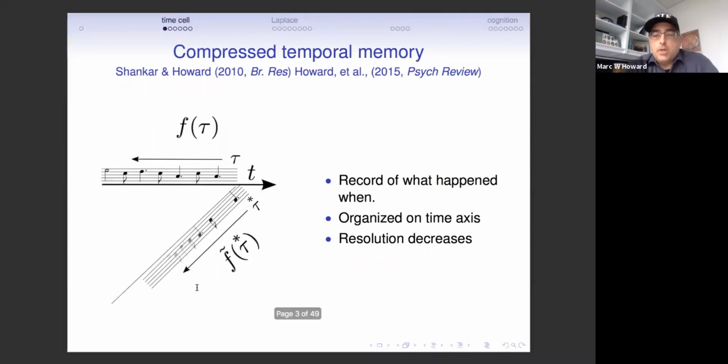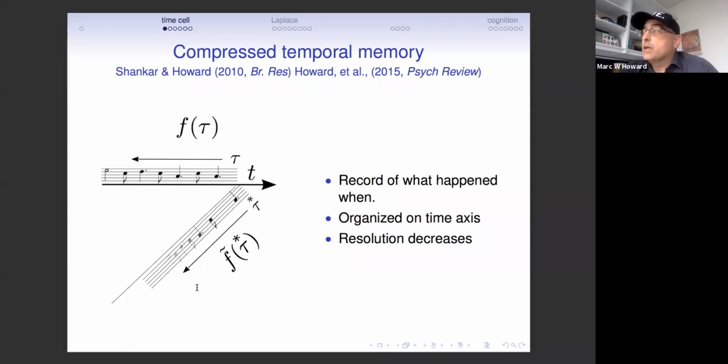So about 10 years ago, inspired by ideas from really the dawn of psychology, William James, for instance, talked about this a great deal, my student Kartik Shankar and I worked out a hypothesis for how the brain might maintain information about the recent past and how that information might be used to construct cognitive models of a variety of memory tasks.